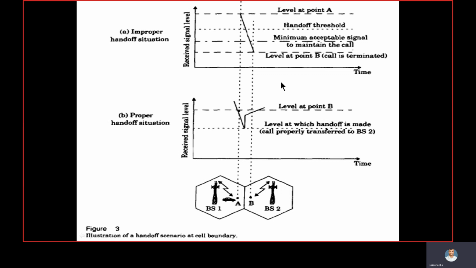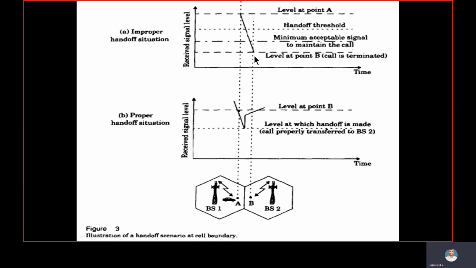Suppose now handoff is initialized. See this: after the mobile reaches point B, handoff is initialized. Then base station 2 allocates a channel to this mobile unit, and the signal suddenly increases after handoff. This is how handoff should be initialized.